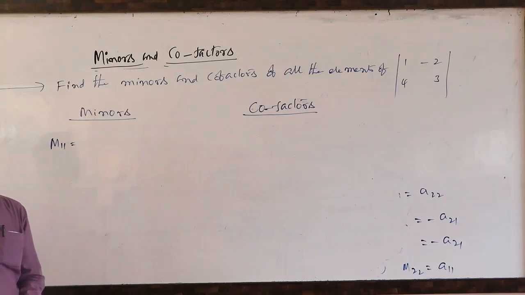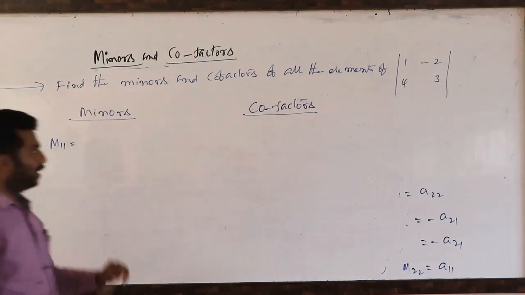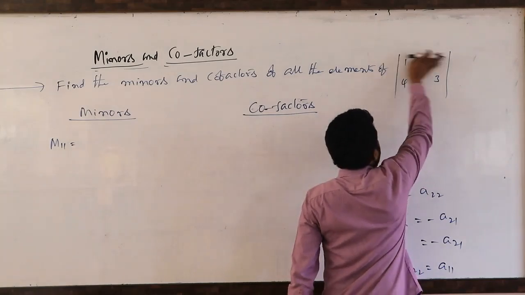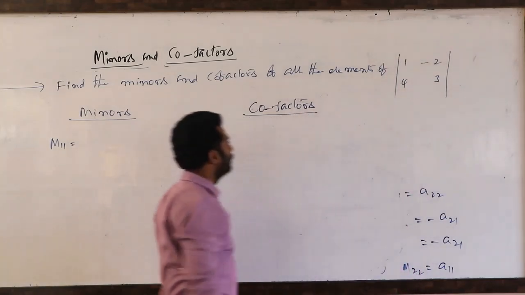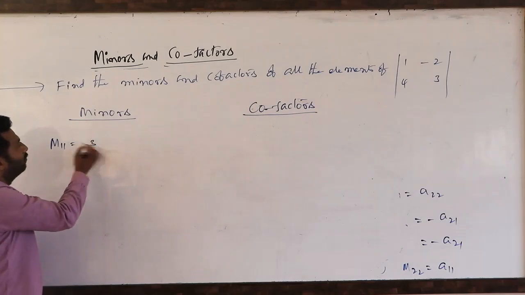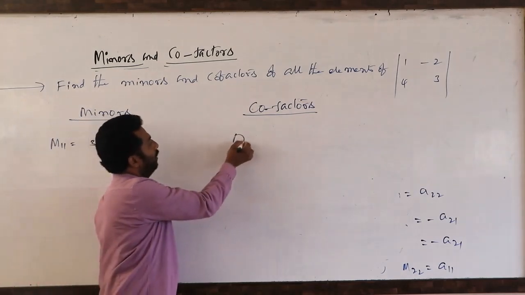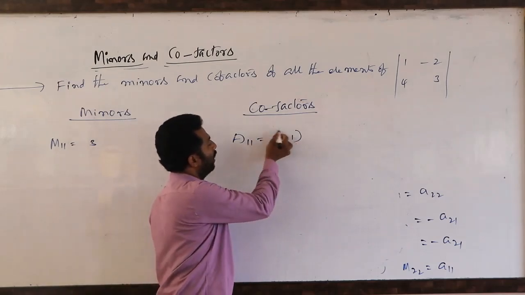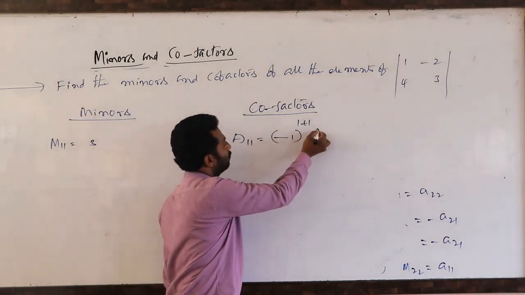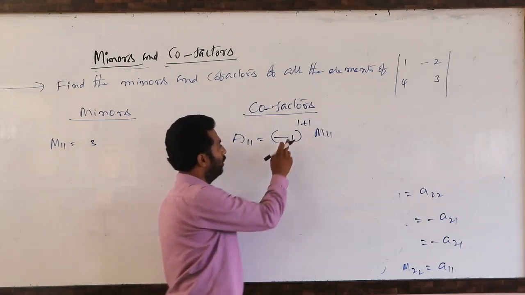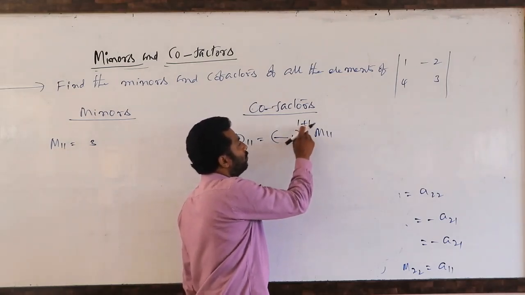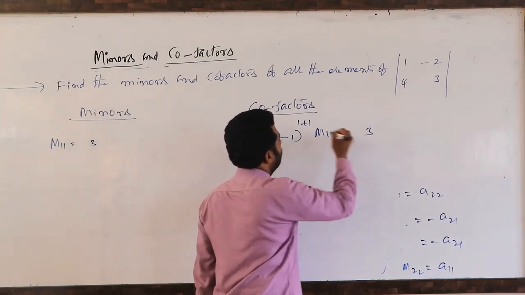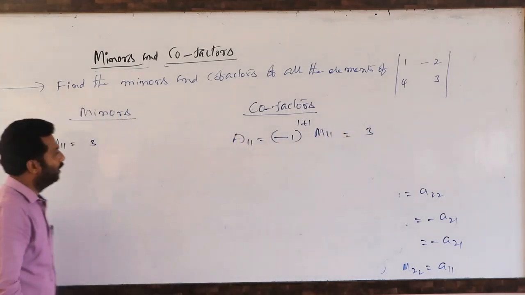We have to delete first row, first column, which leaves 3. M11 value is 3. Now A11: the definition is minus 1 whole power 1 plus 1 into M11. 1 plus 1 is 2, minus 1 whole square means plus, again M11, which is 3.